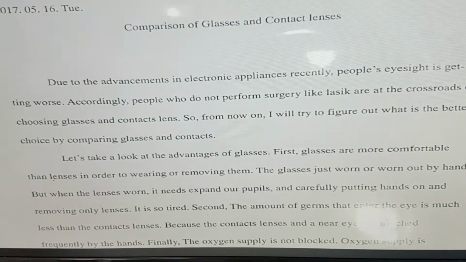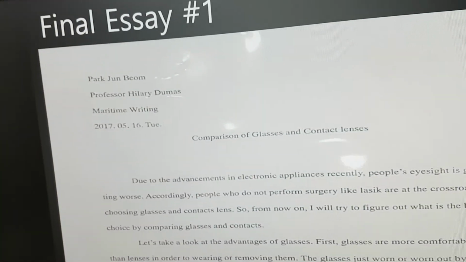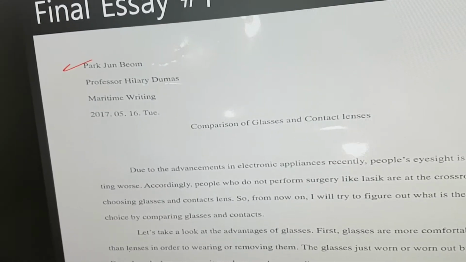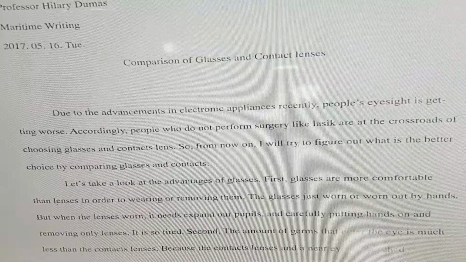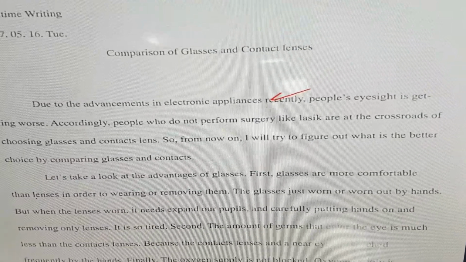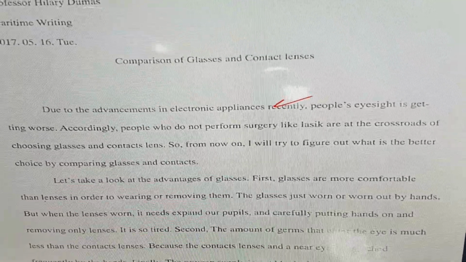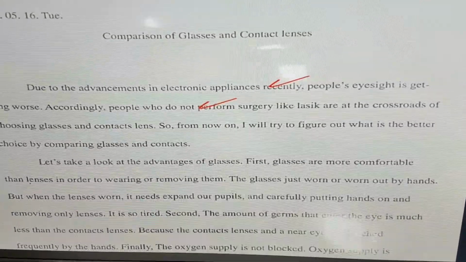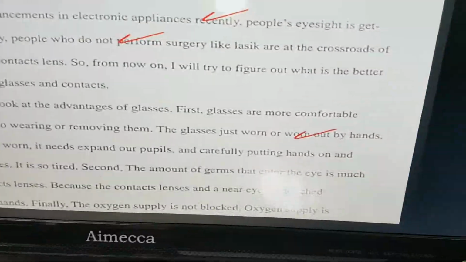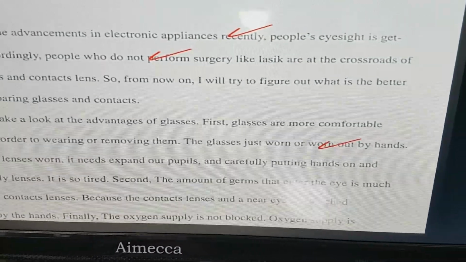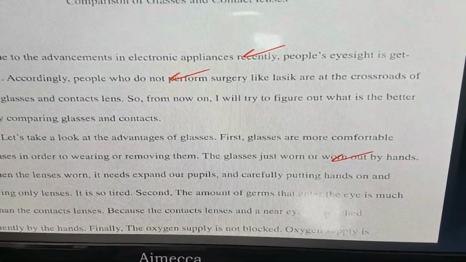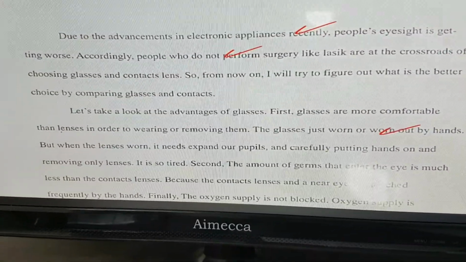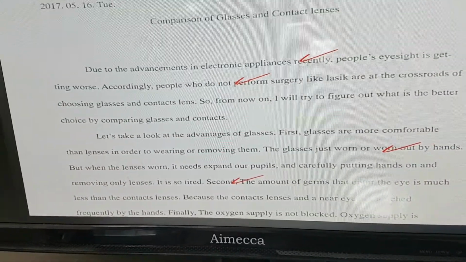Not only this, as you see, I didn't write the student number this time. Also, the position of the word "recently" still has not changed, and the word "perform" is also the same. The word "now" used in the wrong meaning is also an error, and I have done quite a lot of writing capital letters after commas, like this.